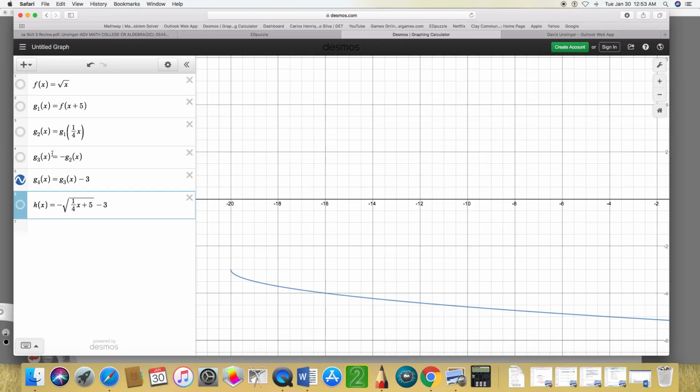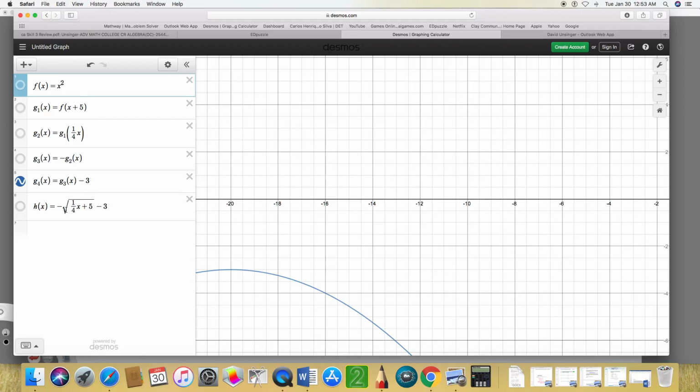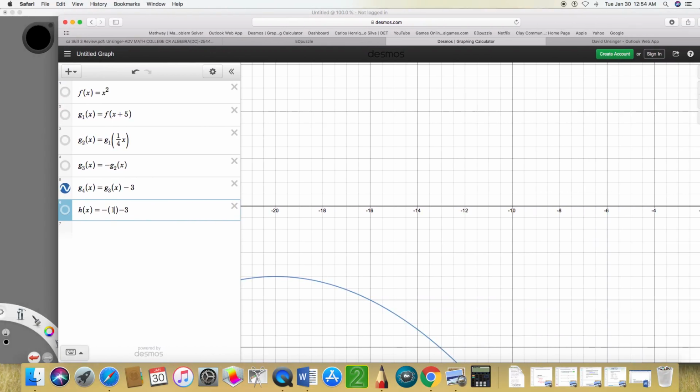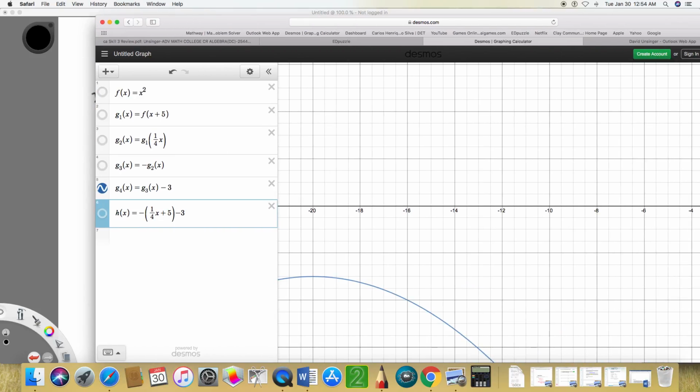Now, when I first started keying these in, I wasn't using the function notation, and I suppose I could do that, because if you use the function notation, I can come up and change this square root of x to a different parent function, and I can come in down here and make this 1/4 x plus 5 squared.